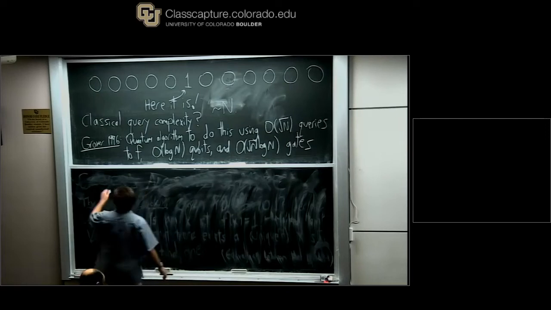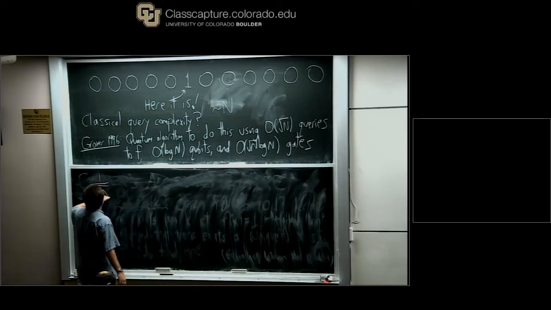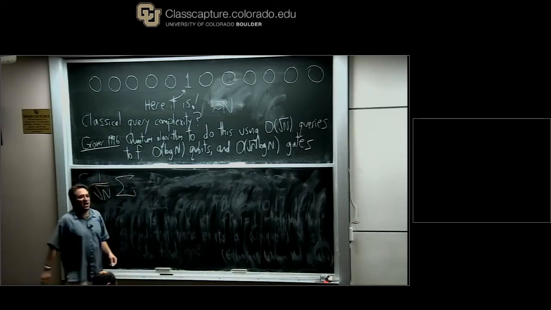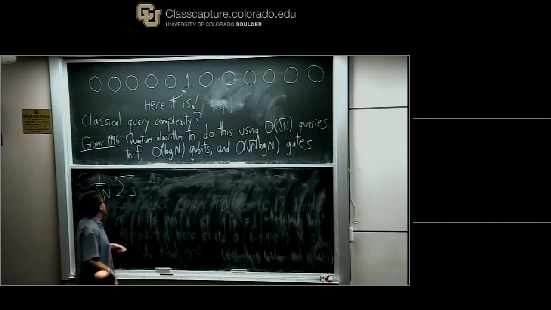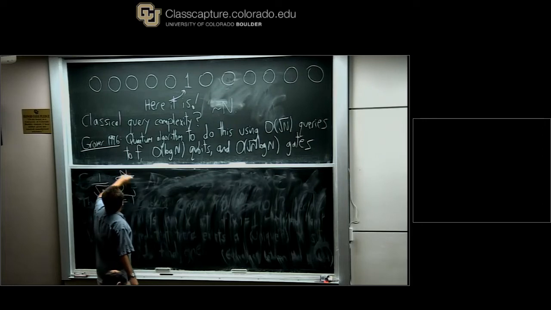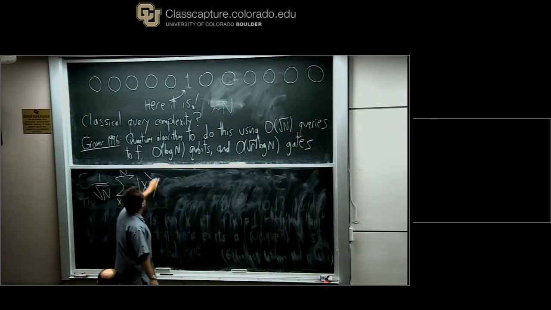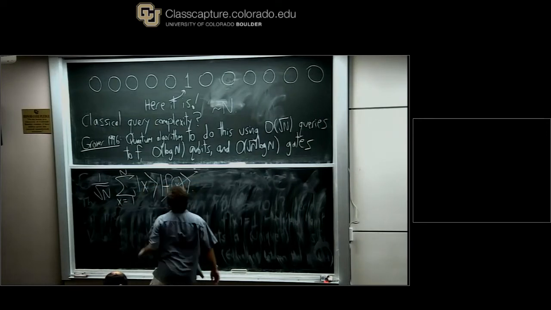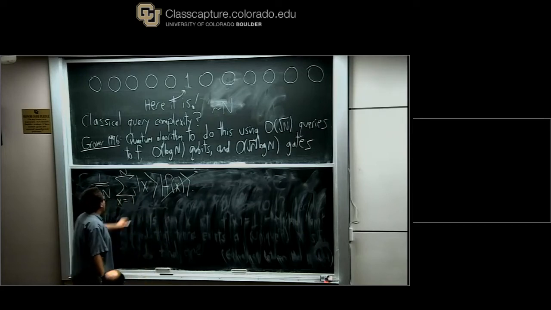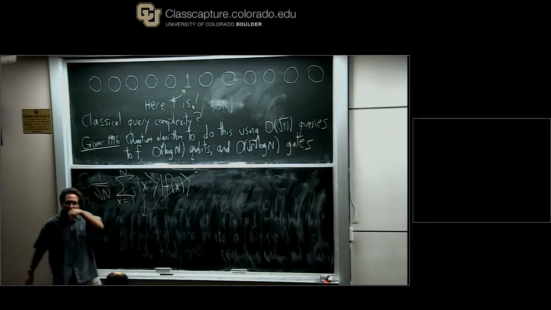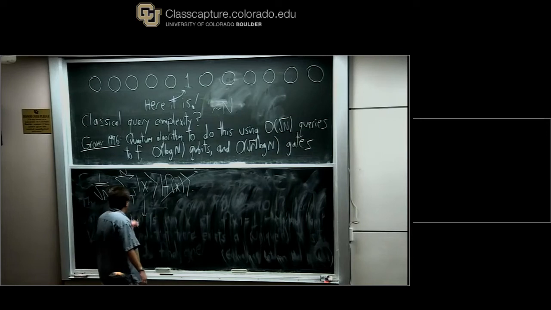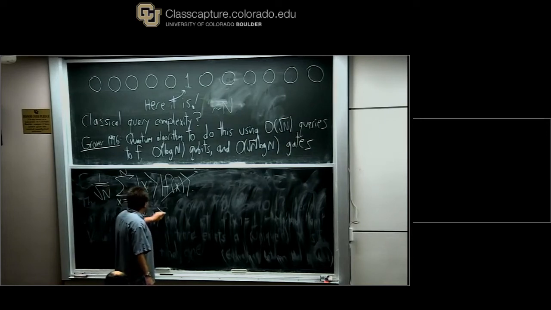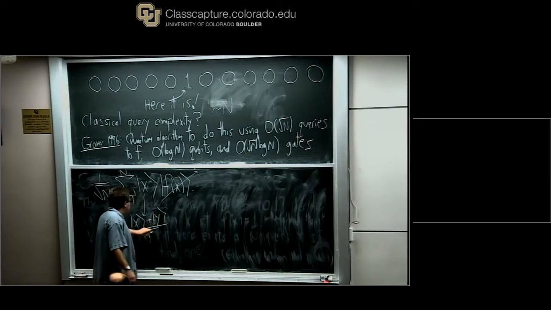How? Let's just repeat the same strategy that worked for Simon's problem and for period finding. Let's make an equal superposition over all inputs x, then compute f of x in superposition, then discard this register. What's going to be left over here? Yeah, x plus y over square root of 2 for some collision pair x and y.